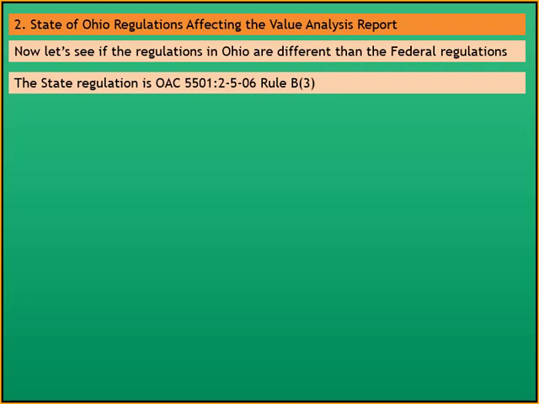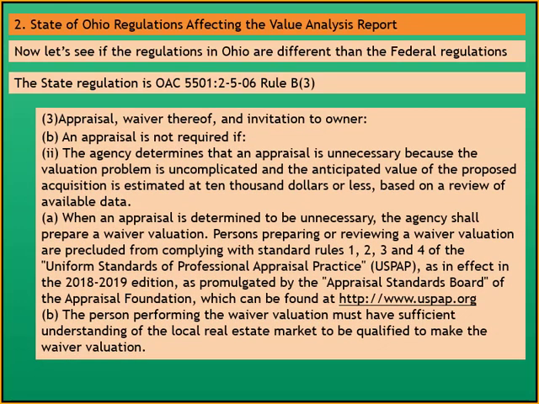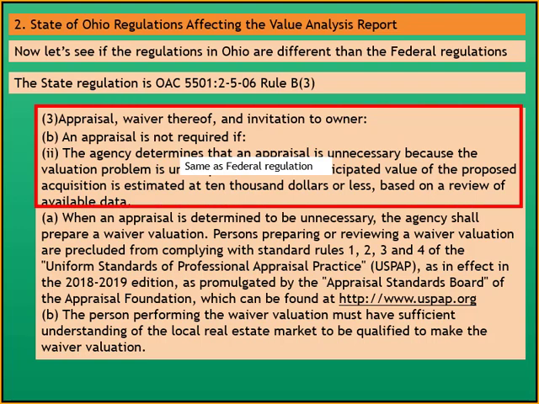All right, state regulation is Ohio Administrative Code 5501:2-506, Rule B3. And there is that rule. So what I've just marked with a red rectangle, that information is the exact same as the federal regulation.